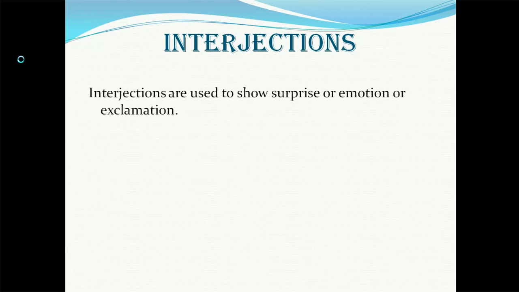Next comes the final part of speech, which is the interjection. Interjections are used to show surprise or emotion or exclamation. When do we use them? While greeting someone we can use an interjection. Hey, how are you?